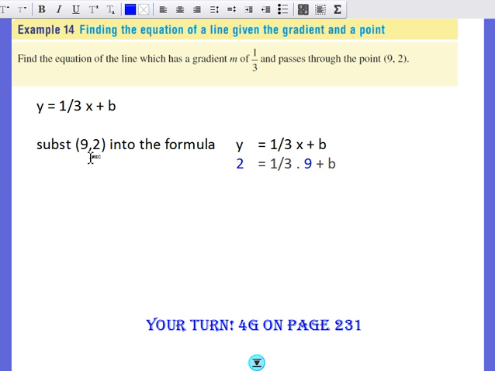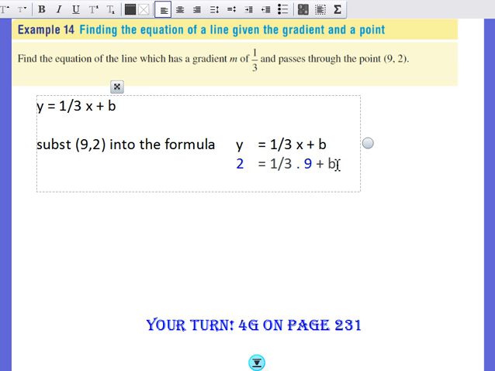So substituting (9, 2) into the formula y equals 1/3 x plus b, that gives me 2 here. I've put the 9 and the 2 in blue so we can see. 2 equals 1/3 times 9. I've used a dot because it would have been too confusing if I'd used an x, because we've got the x up there. So 1/3 times 9 plus my b, which I still don't know.